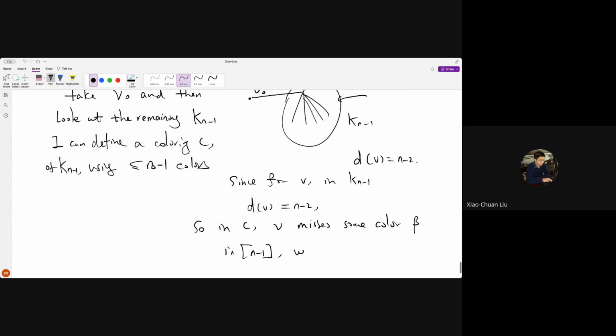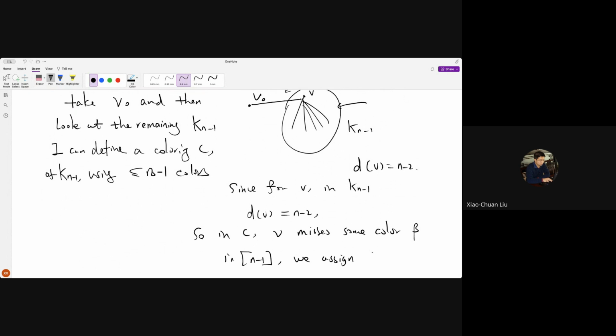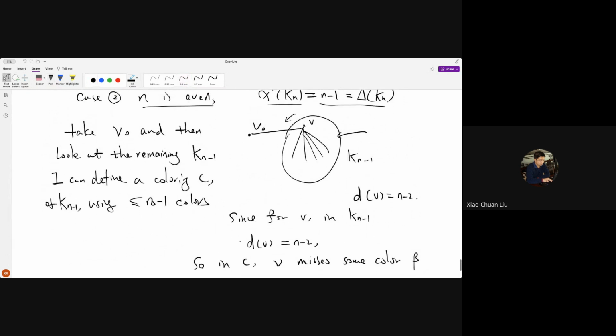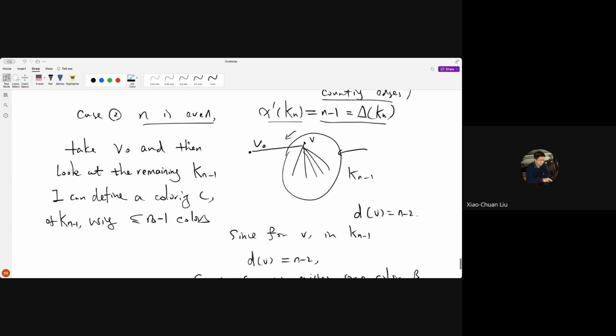So we assign beta to the edge V0V. Using this kind of coloring, we can conclude that you can use n minus 1 colors to give a proper coloring to Kn when n is even.